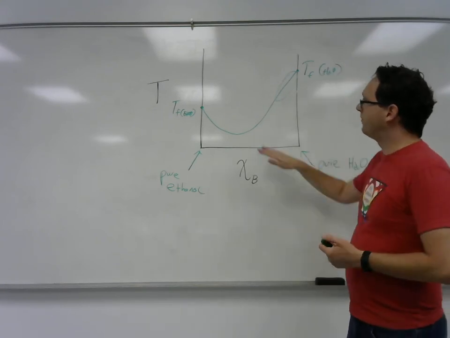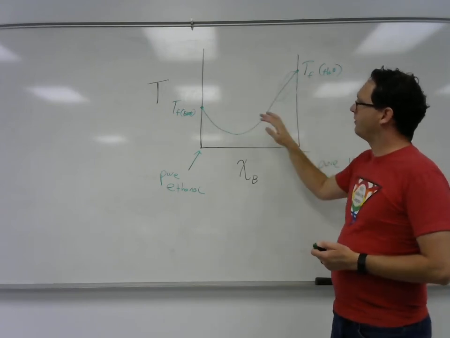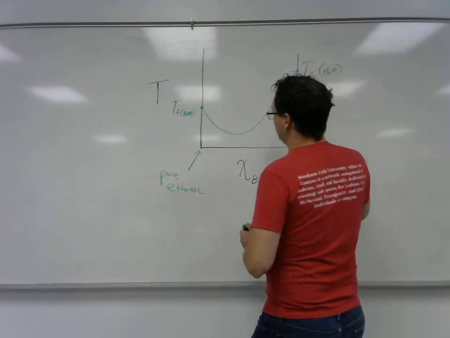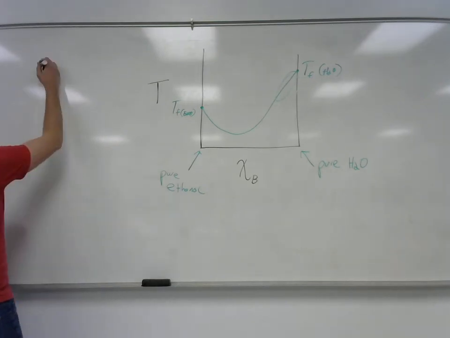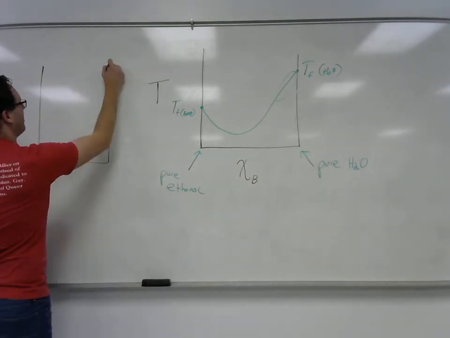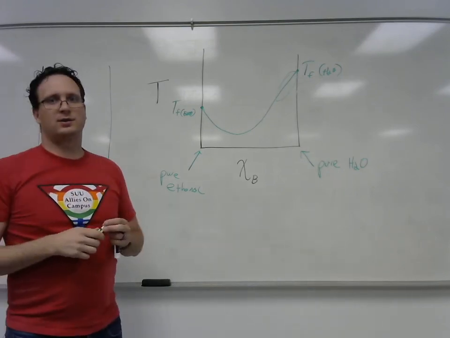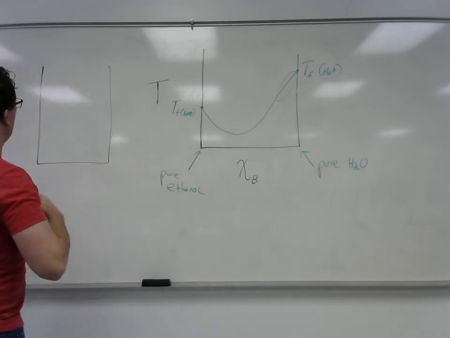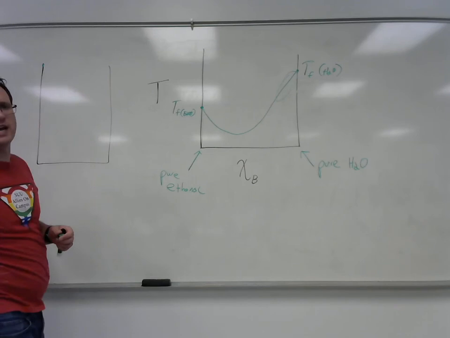Now, if you look at this, the freezing points of ethanol and water are pretty similar, but if we choose, I'll just draw a whole new chart here. If you choose something like table salt in water, well, what is the melting point or the freezing point of table salt?